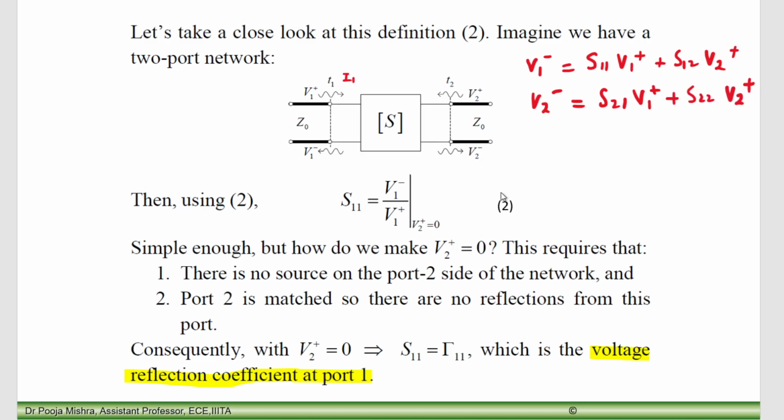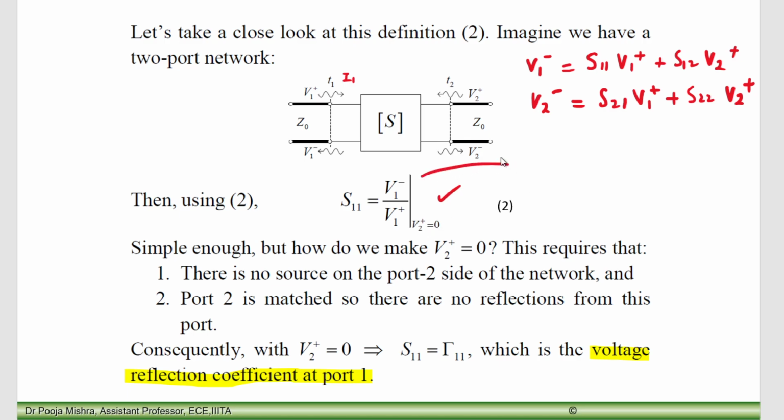So how do we define S11? S11 is equal to V1 minus over V1 plus when V2 plus is equal to 0. What would we call it?